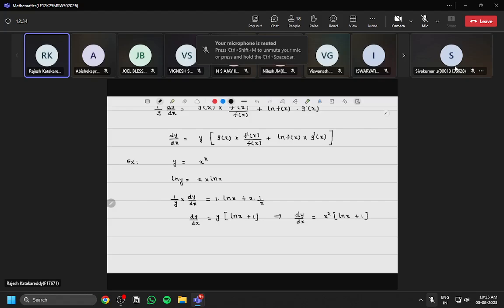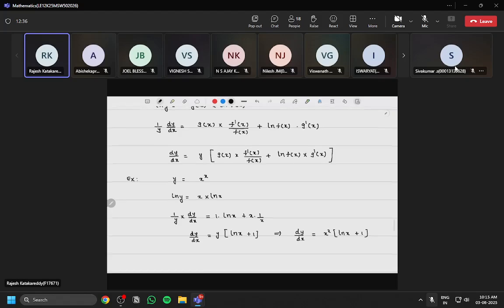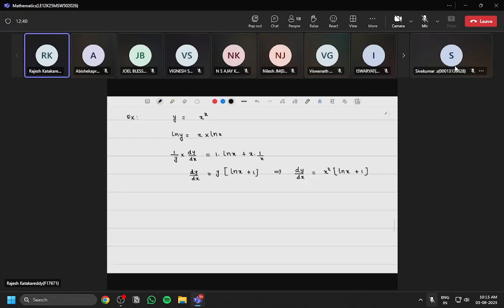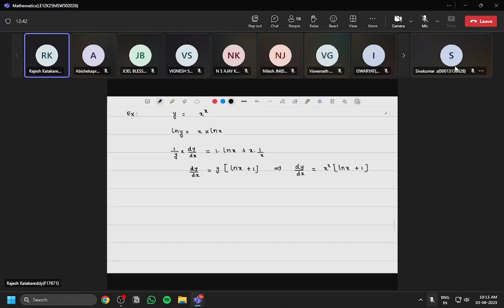So I can see a small formula kind of thing that I can use here, right? I don't know whether you can use this in your CBSE exam or not. To verify it, definitely you can use it. Let's say you have y is equal to f of x to the power g of x. How will I differentiate dy by dx?